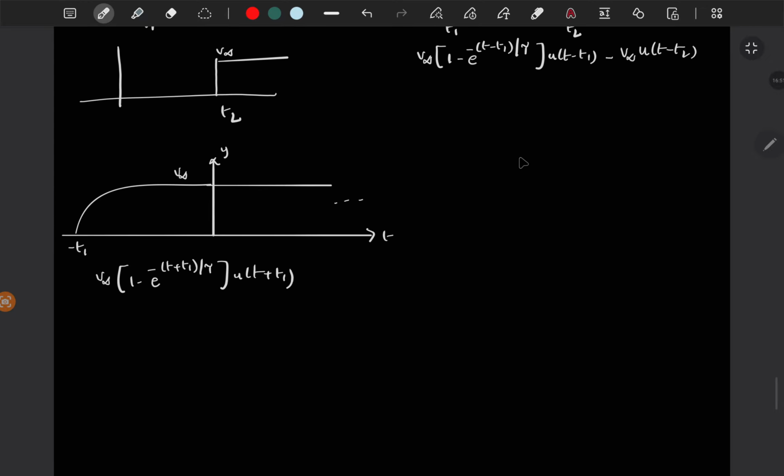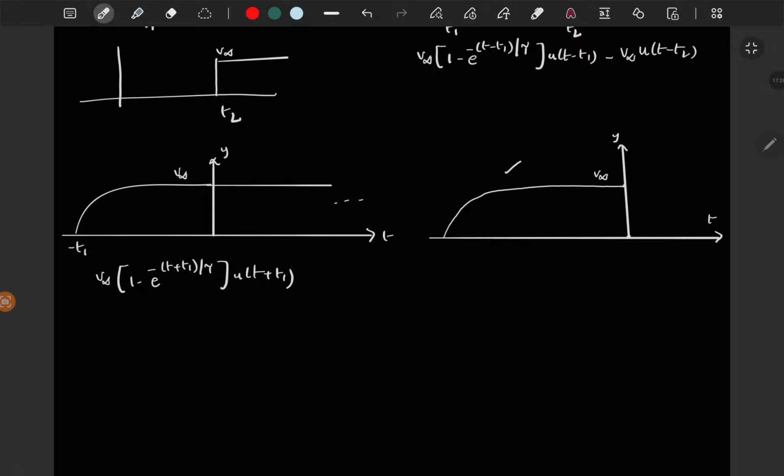Now let's say I have the same graph, but it is going to 0 at t is equal to 0, and this is stopped here. Now how do we write this equation? You know this equation. Now you just have to subtract the magnitude of v infinity from t greater than 0.